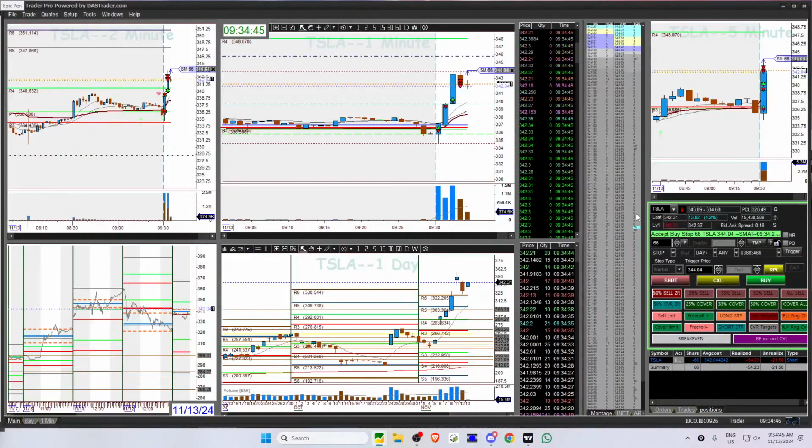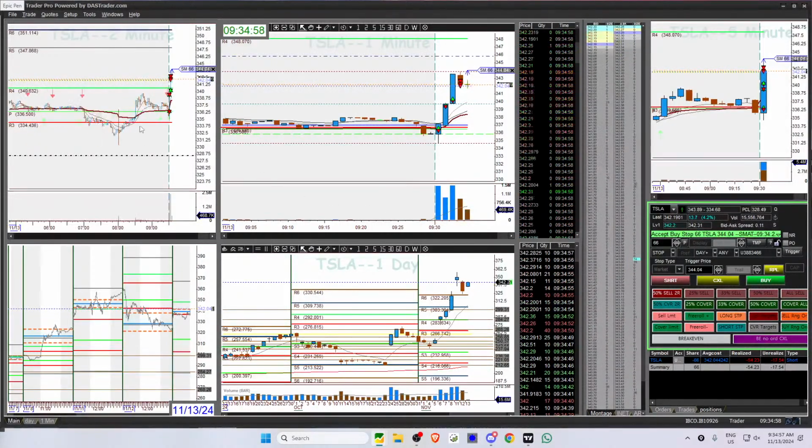Imagine having a portfolio of just Nvidia, Tesla, Amazon, and maybe some Apple. That'd be a solid portfolio. Absolutely, as far as a long-term hold.